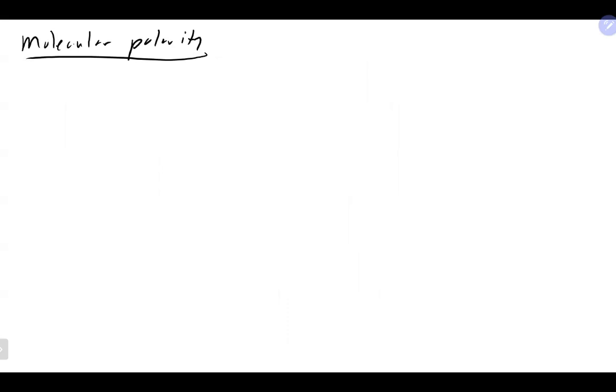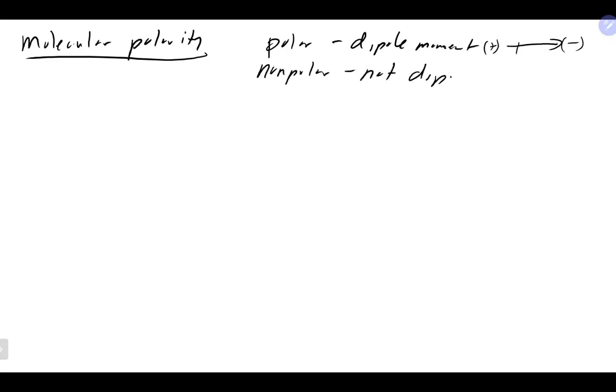If the overall molecule is polar, it has what is known as a dipole moment, which means, kind of using that arrow, there will be a side of the molecule that is more negative and a side that's more positive. If it's non-polar, there's no dipole moment, which means that it is pretty much neutral. There's equal sharing of electrons over the molecule. There's no side that's negative or more positive.